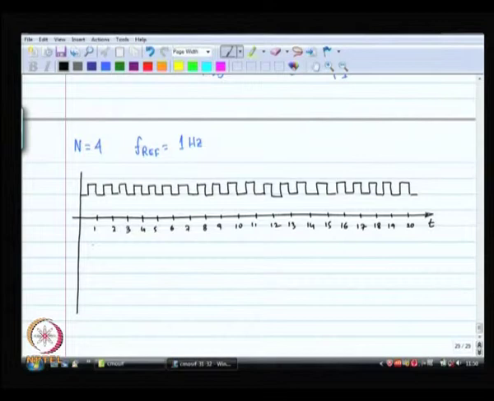Let us say initially the VCO output was at 1 by 3 hertz, right. If the VCO output is at 1 by 3 hertz, then, I am sorry, the VCO output is 3 hertz, let us say.